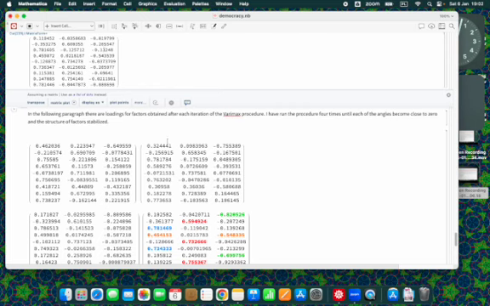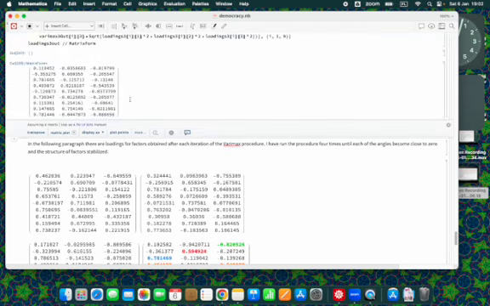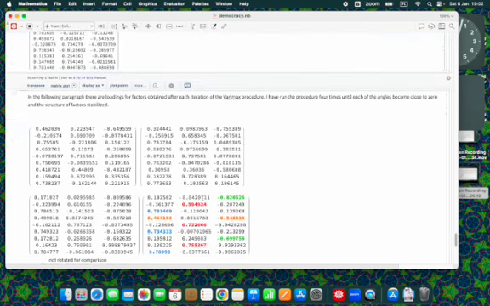As you can see, there are small differences between this result and what I have here. Here I've copied the results of each step, and there are very slight differences between this matrix here and this matrix here.